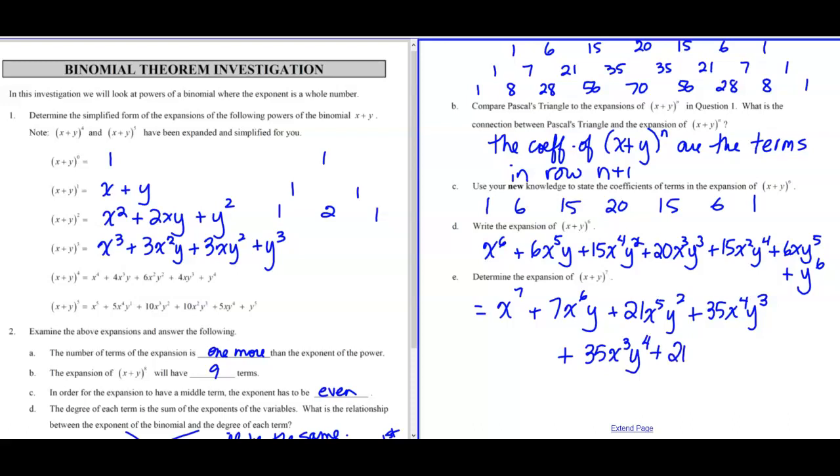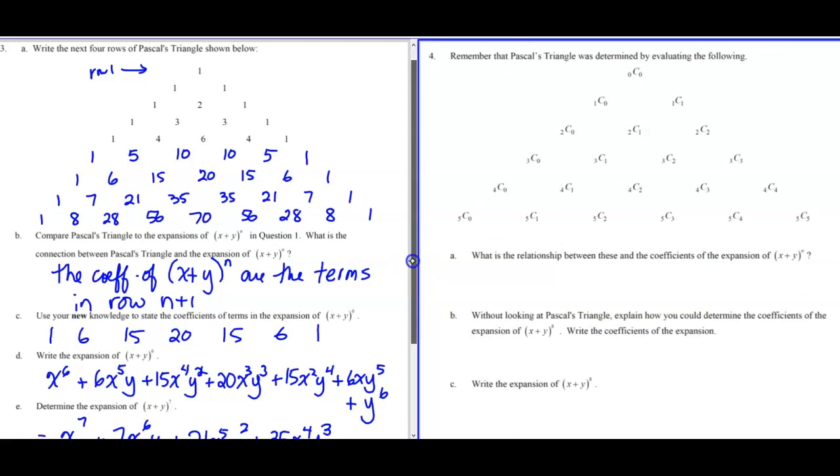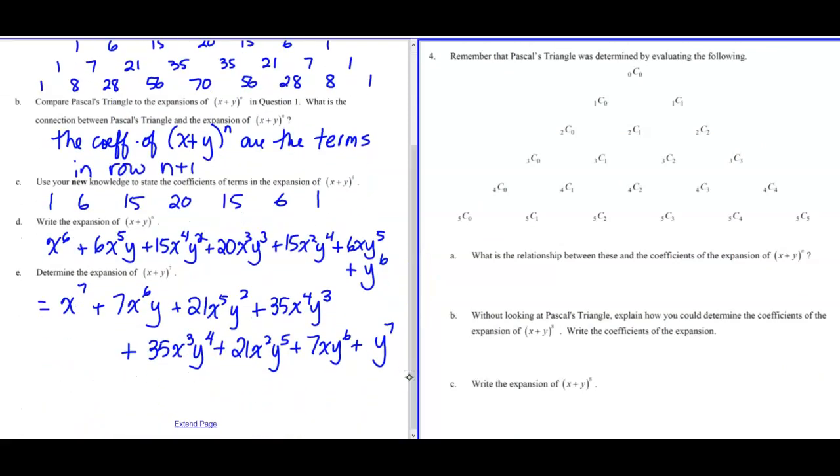Plus 21. Yeah, it gets a little ridiculous after a while.